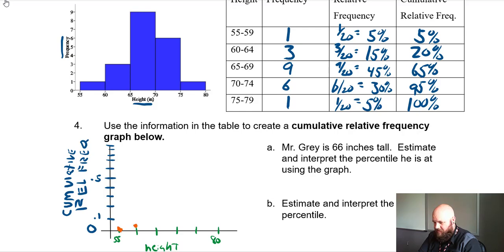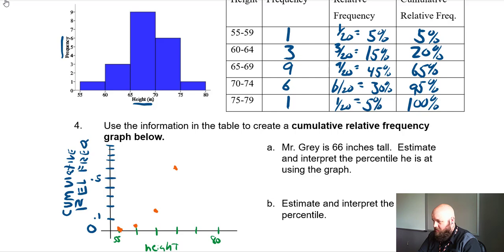So we're going to go up here to this 20%. And then to get up to 70, we changed up to 65. So we got 65, somewhere right in there.